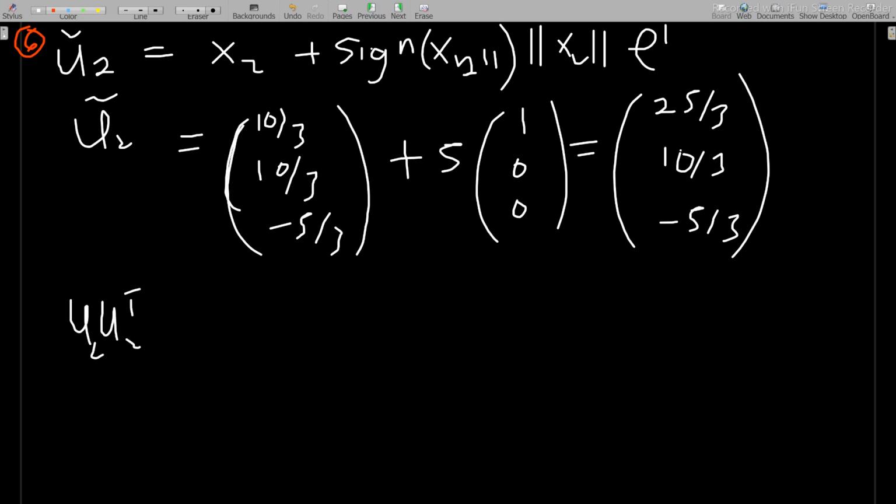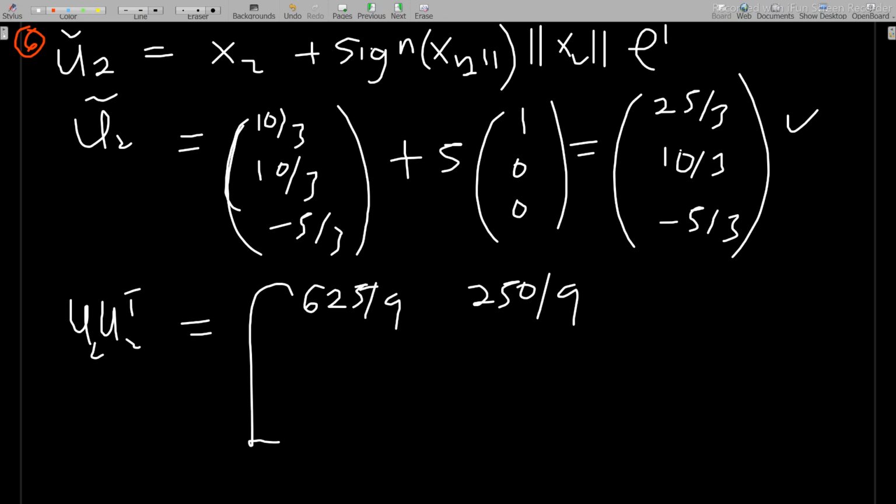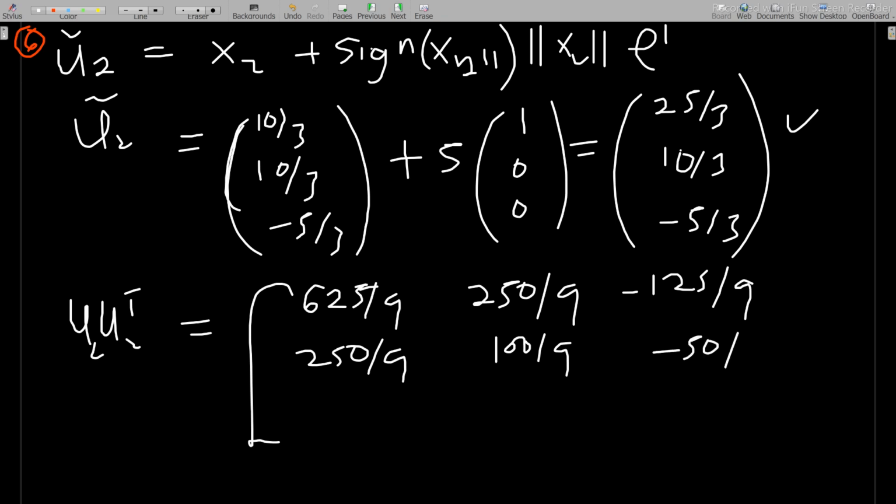So you find u2 transpose, which means I find the transpose of it. I multiply u2 by its transpose, and I will write the matrix straight away, since we've done this in our first one. You get something like 625 over 9, 250 over 9, and negative 125 over 9. This will give me 250 over 9, 100 over 9, negative 50 over 9.